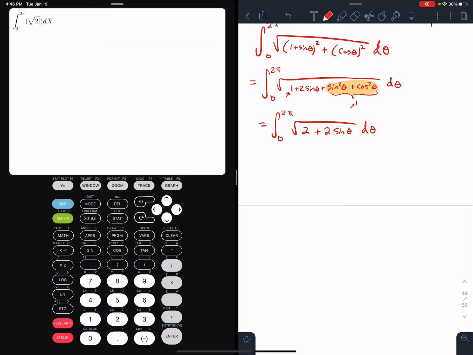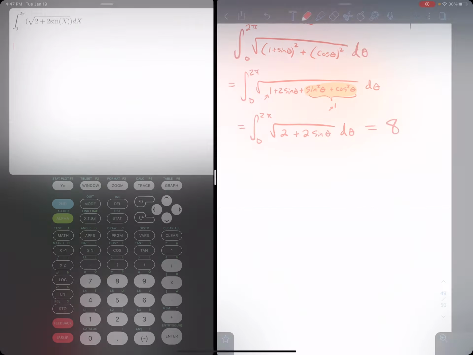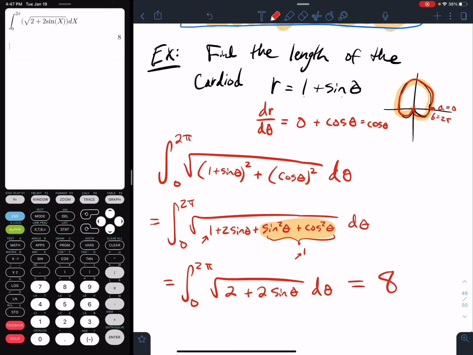And then 2 plus 2 sine x, close parentheses. All right, hit enter, and you get 8. Wow, 8. So that weird looking curve has a length of 8 units. Pretty cool.